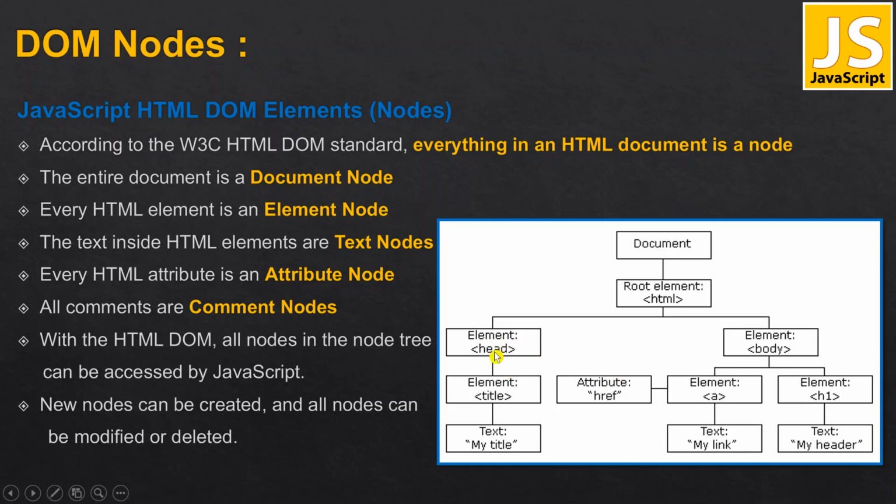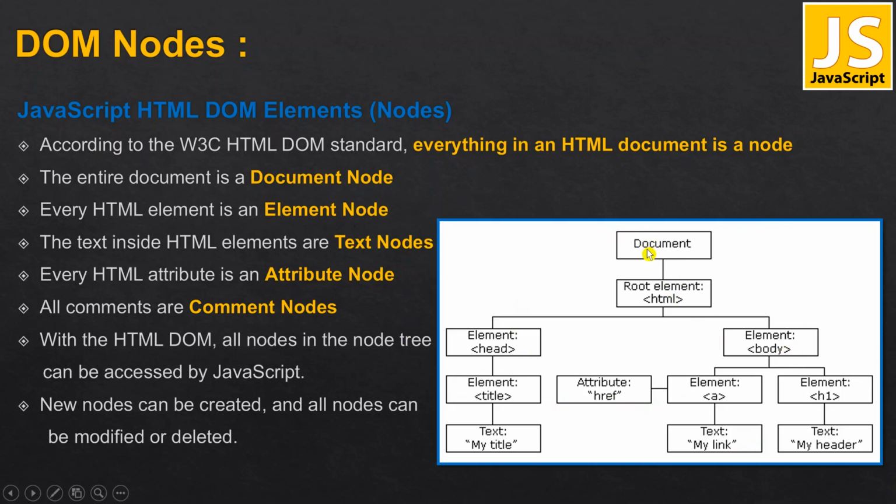The head section has its own tags, like the title tag, many meta tags, style tags, or script. The body section has numerous tags like the anchor tag, the h1 tag, its content, that is text, and its attributes also. This is the structure and this is the hierarchy.